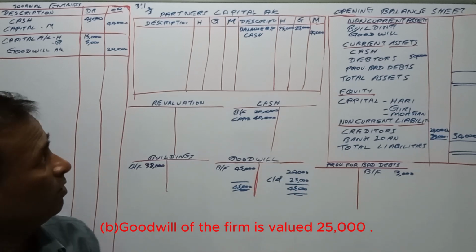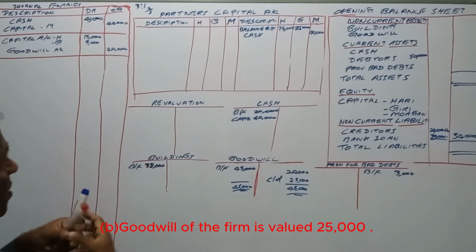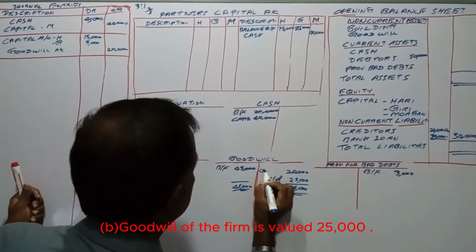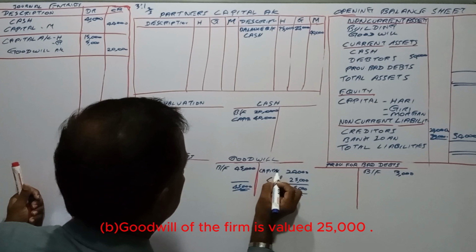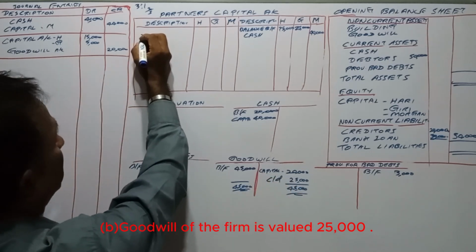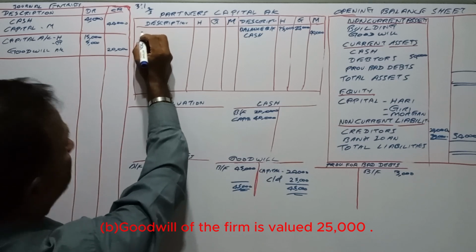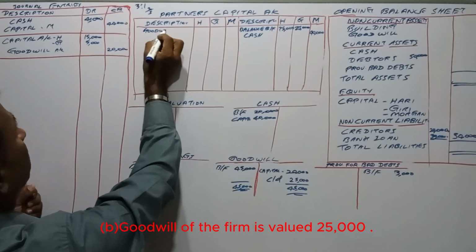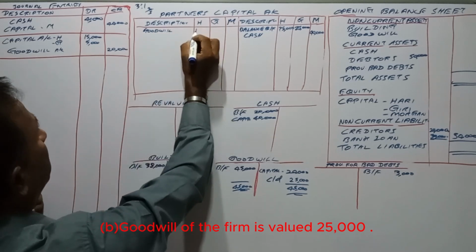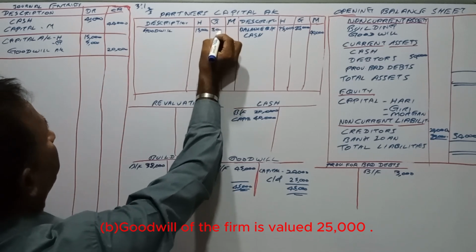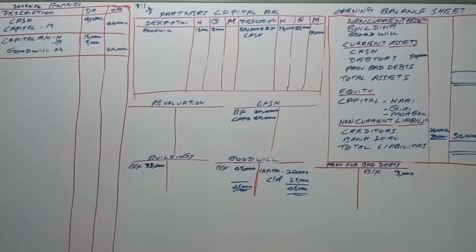Partners' capital account debit 20,000, goodwill account credit, partners' capital account debited: goodwill 15,000 and 5,000. That is 20,000.